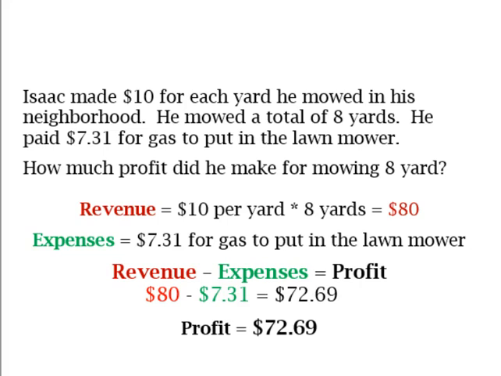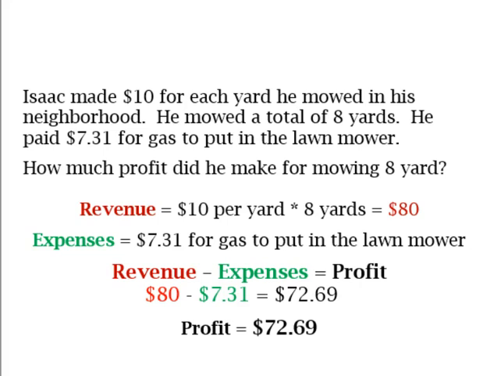For expenses, it's how much you pay out. And Isaac had to pay $7.31 to put gas in the lawnmower. So our revenue minus our expenses is equal to our profit. Again, we said the value of our revenue is $80. The value of our expenses is $7.31.